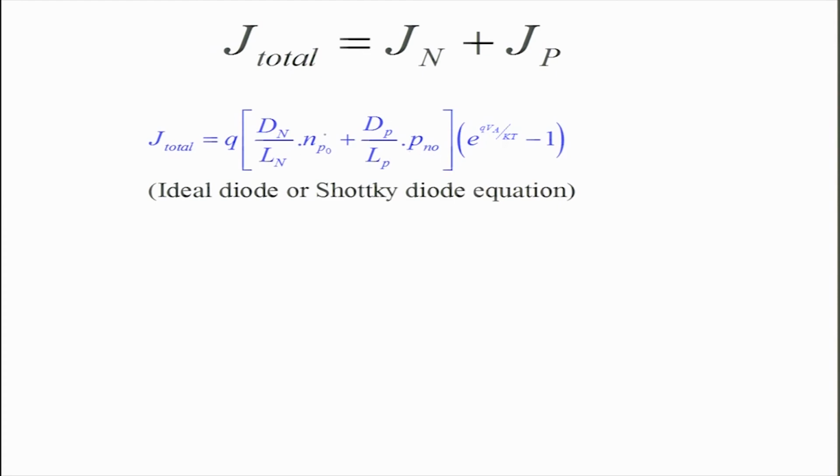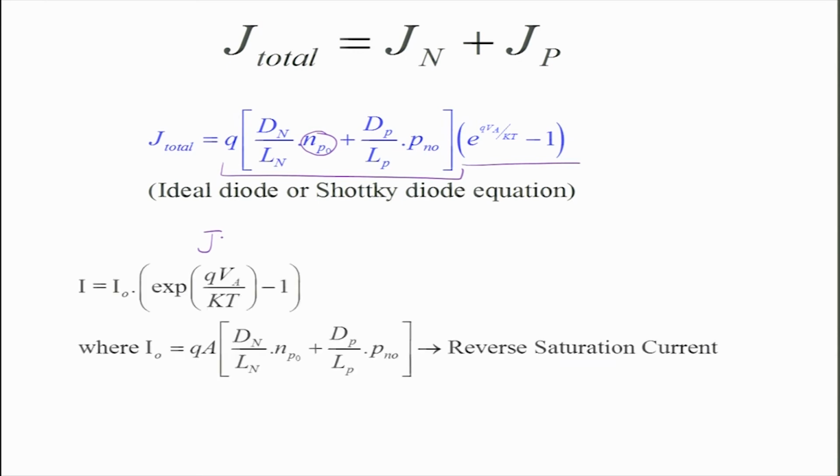Here Np naught and Pn naught are equilibrium concentrations, Dn by Ln is the diffusivity divided by diffusion length for electrons, and Dp by Lp is for holes, all multiplied by the factor exponential of qVa by kT minus 1. You can see there is no bias dependence in the prefactor.